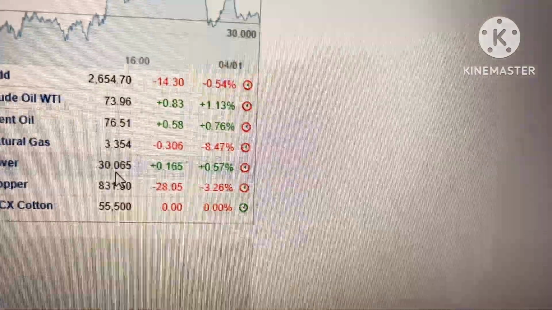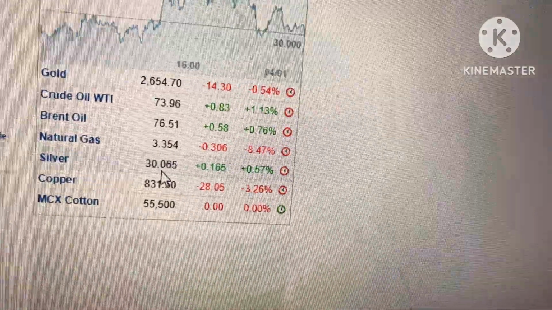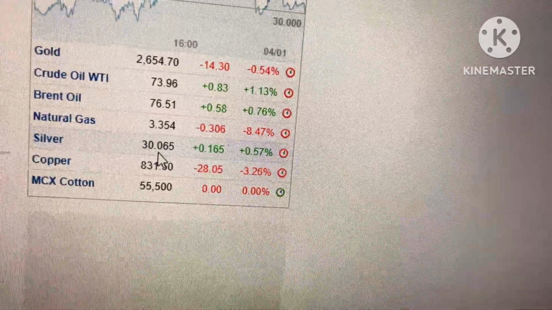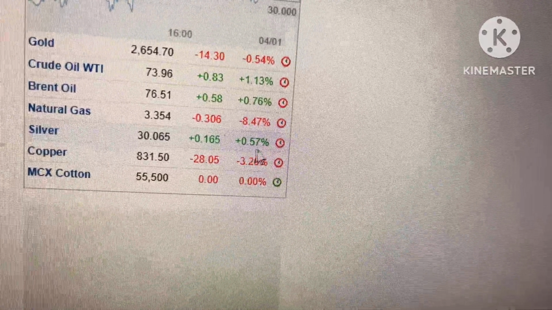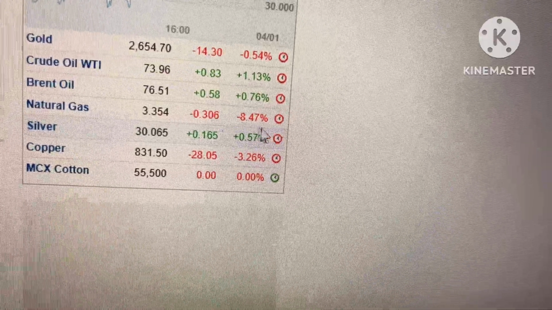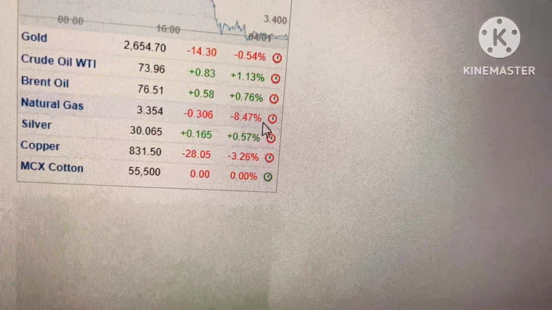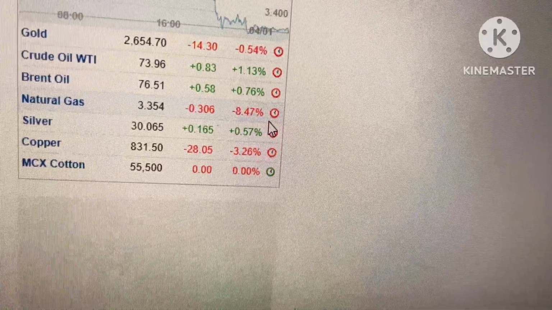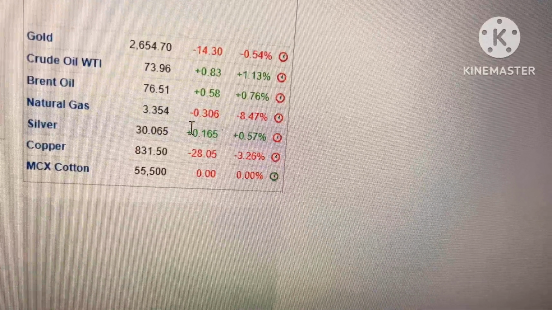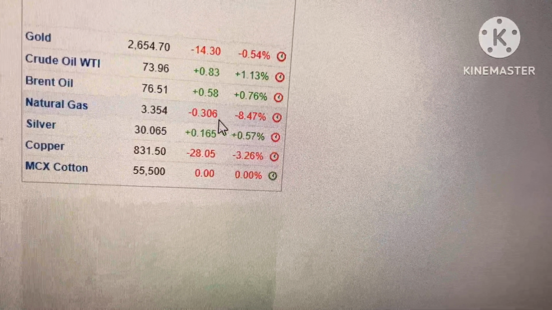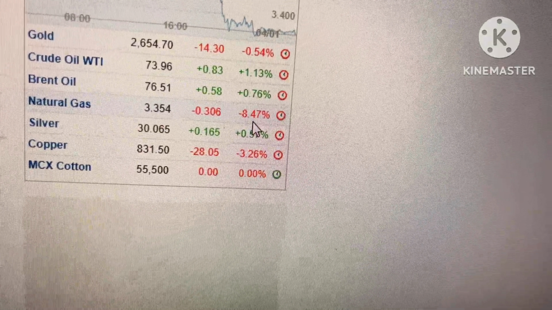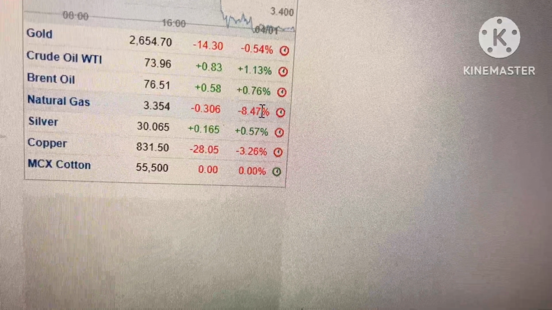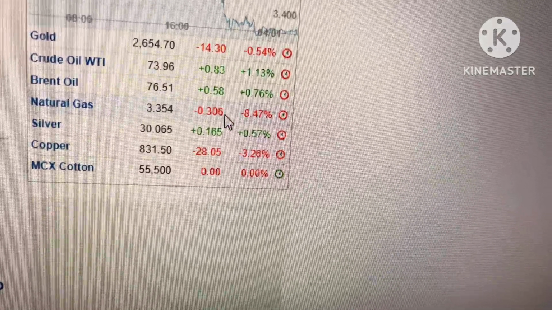Inventory is nothing but storage, which gives you the data of demand and supply, how much supply is there and how much demand is there. Now minus 8.47% was the previous data of the natural gas market. There was a prediction that it would come to minus 0.306, which means the supply has increased.